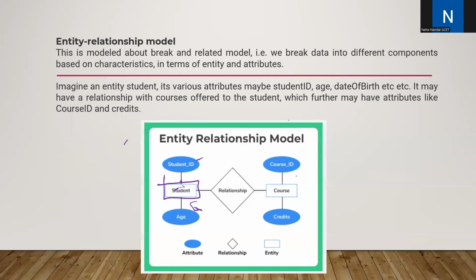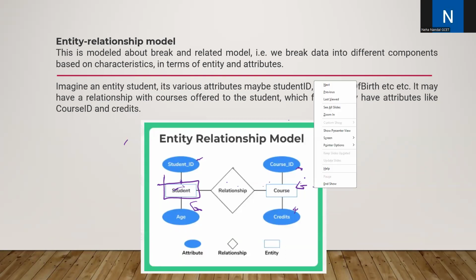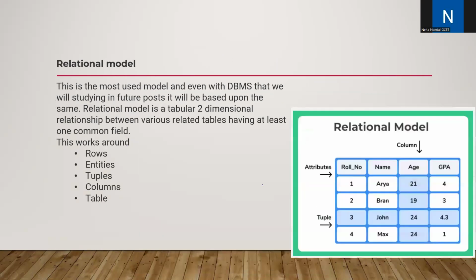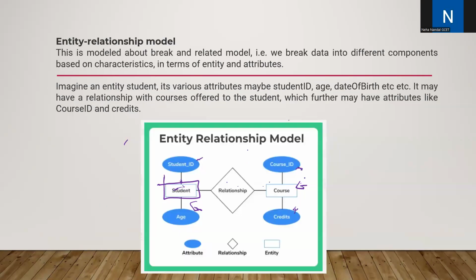Now we are taking one more entity, that is course. Course also has real-world existence. So course is one entity. It has some attributes such as course ID and credits of the course. What is the relationship between student and course? That student studies a course, or student enrolls in the course. So that is your relationship. That is shown with some representations over here, like rectangles, ellipses and diamonds.